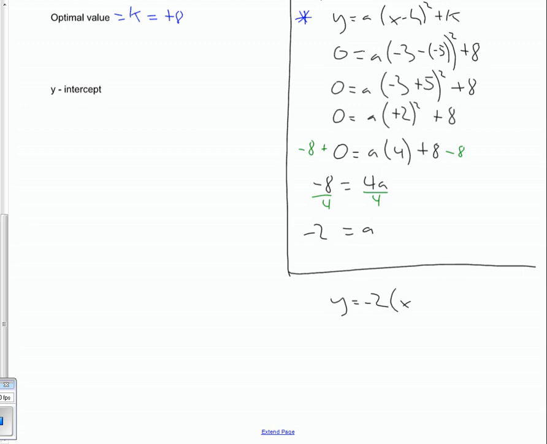I know that the h value is going to be positive 5. Okay, and then I'm putting in plus 8. Okay, so now I've got my equation for the whole parabola. So I'll just write that here. Equation for the parabola.